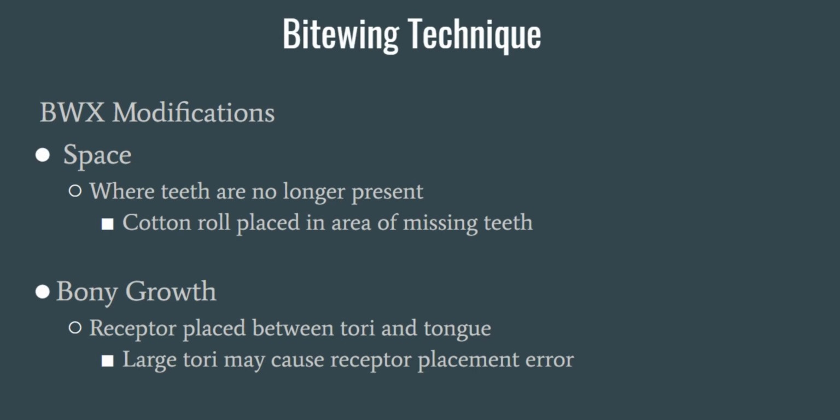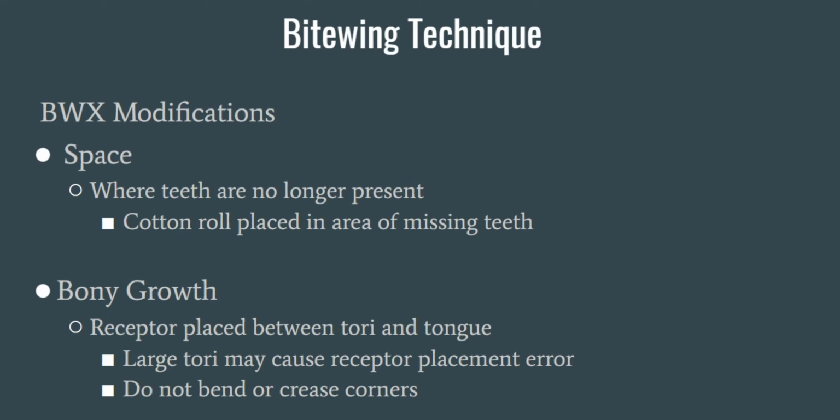And it's going to make it a little bit more difficult for the radiographer to figure out where the film placement is. So if this is the situation, a film holder or an XCP will be recommended over the bite wing tab. And of course, it is always important to not bend or crease the corners of the film.